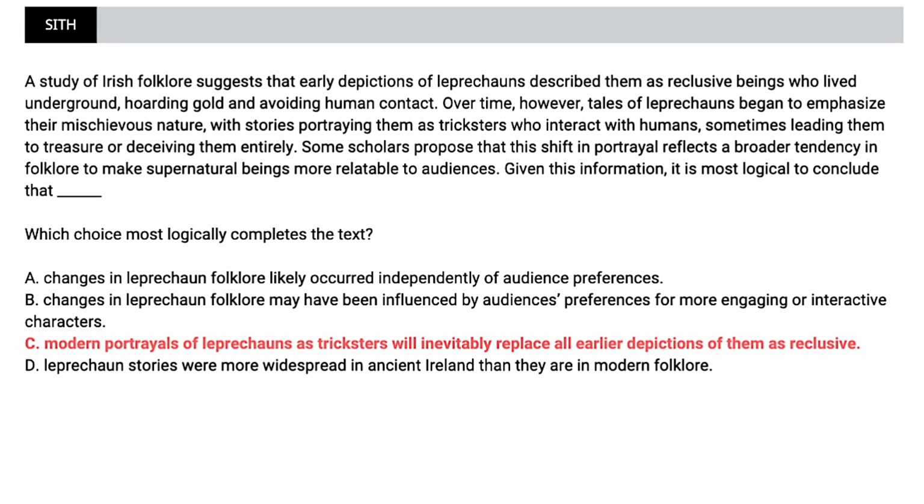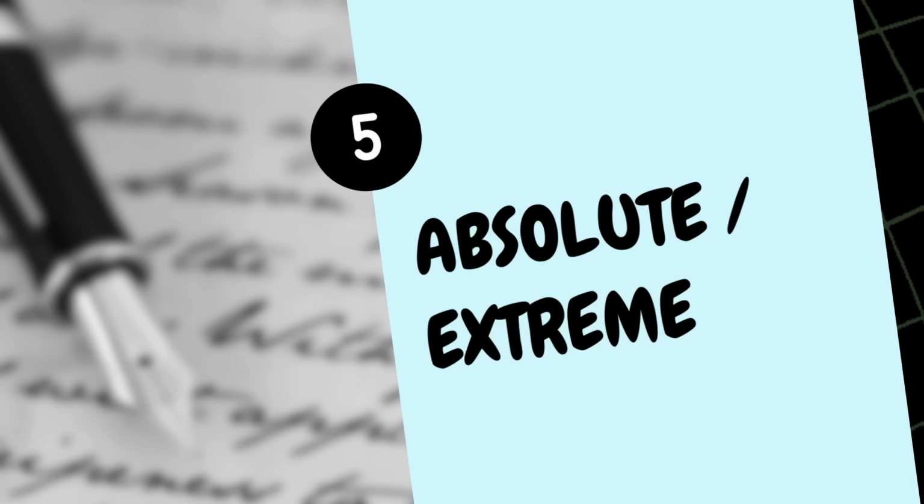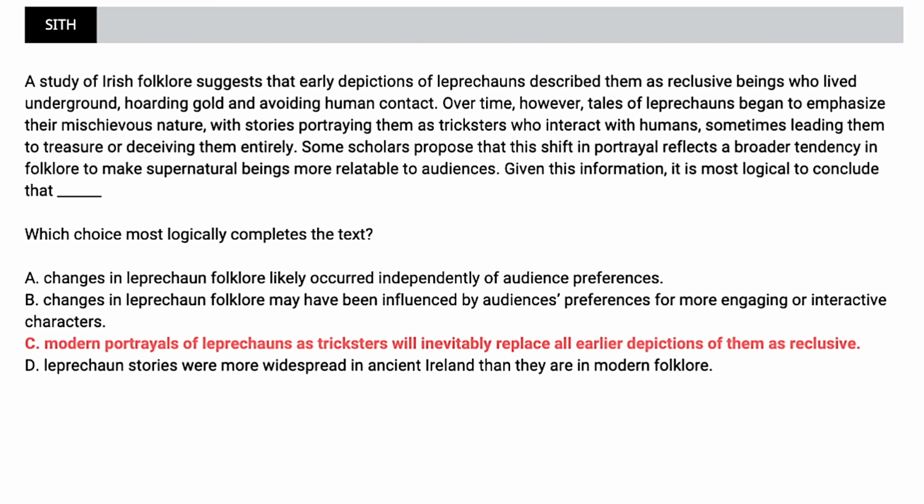Our fifth common distractor type is going to be absolute or extreme answers. And after you pause the video and read this one, let's look at choice C, which is our extreme answer. And it is extreme because it says "inevitably replace all." These are examples of absolute language.